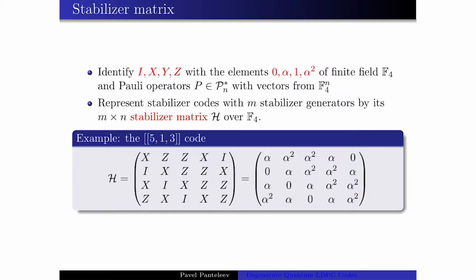We also represent stabilizer codes that are defined by M stabilizer generators by the corresponding M times N stabilizer matrix over the finite field of 4 elements. For example, the famous 5-1-3 code can be represented like that.